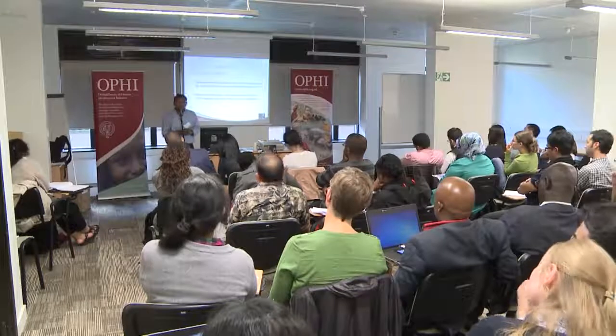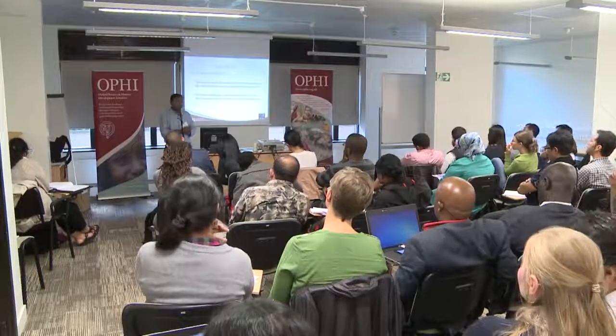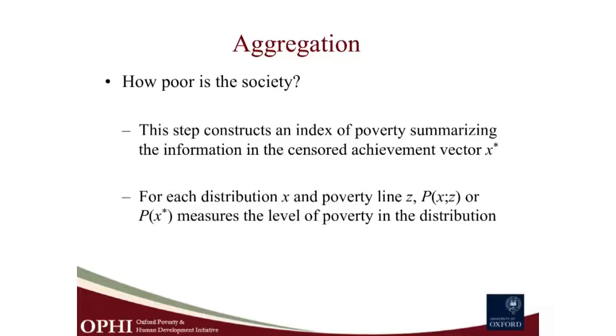So the main question that one needs to answer is how poor is the society? This step constructs an index of poverty summarizing this information for each distribution and poverty line. So given an X and given a Z, the selected poverty line, P of X, Z, or we can write it in terms of the censored achievements vector, because X and Z both are used to construct this.